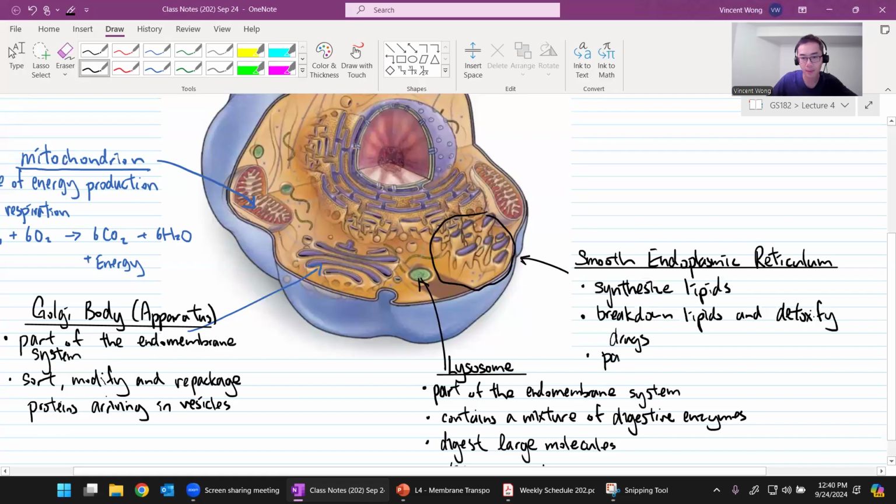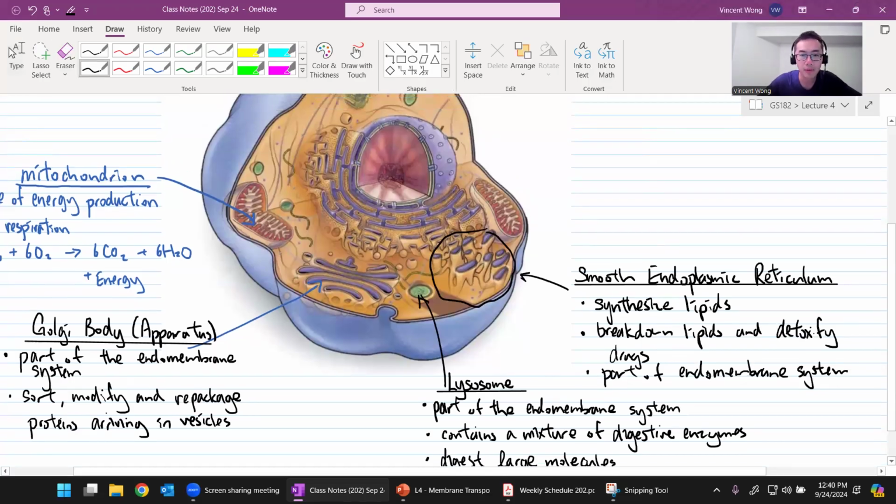Also part of the endomembrane system. Instead of writing it so many times, maybe I should just highlight all the stuff that belongs to the endomembrane system. Anyway, there it is.